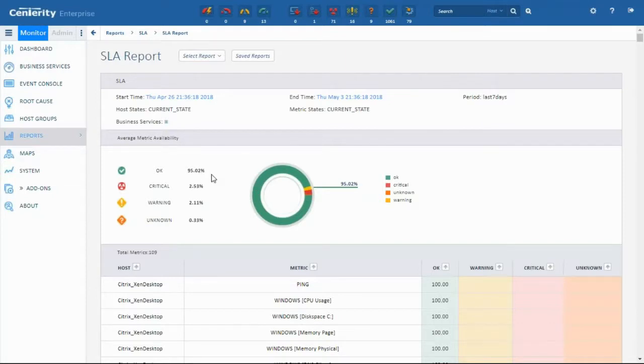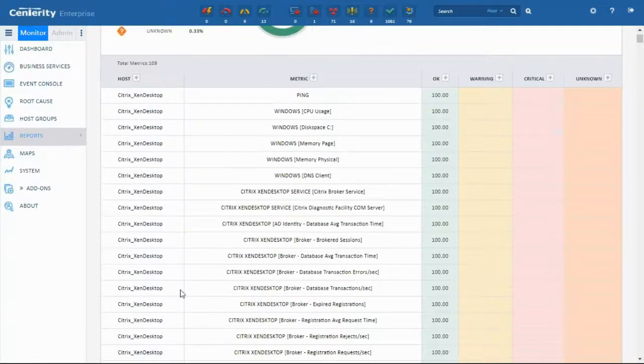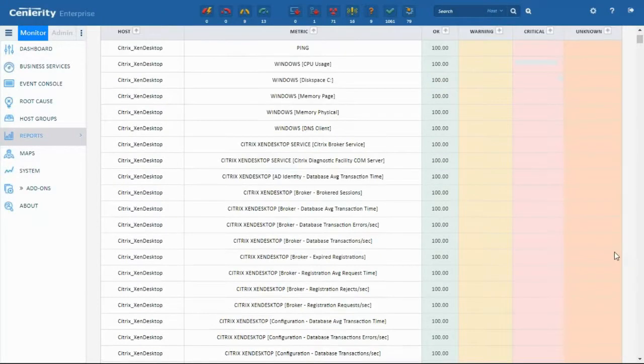So in this case, over the past 7 days, 95% of the KPIs that have been coming in have been returning an okay or a healthy response. So you can see the percentage of each level of metric broken down. You can look at that per layer as you did before and see the individual metrics.